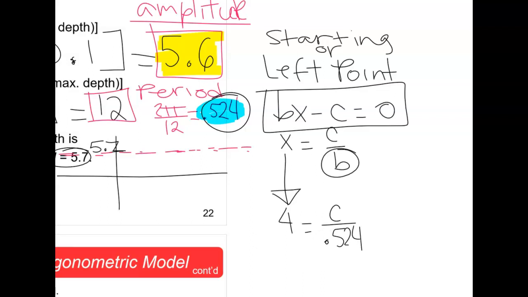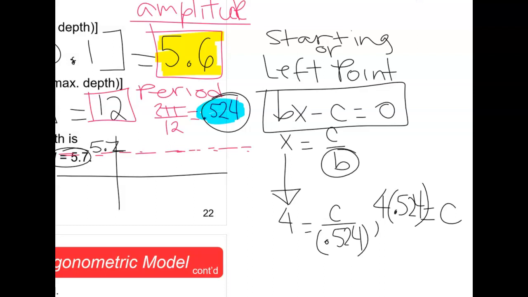0.524. So if I want to solve for c, what I need to do is take my 0.524 to the other side. Since it's dividing on the right, once I take it across, it's going to be multiplying. So it will be 4 times 0.524.